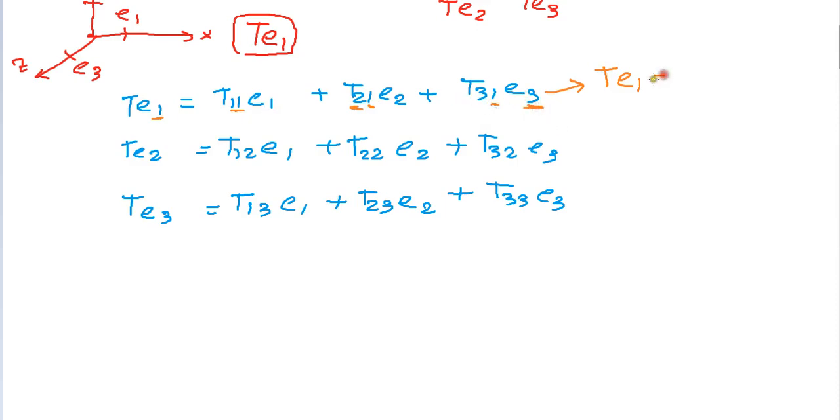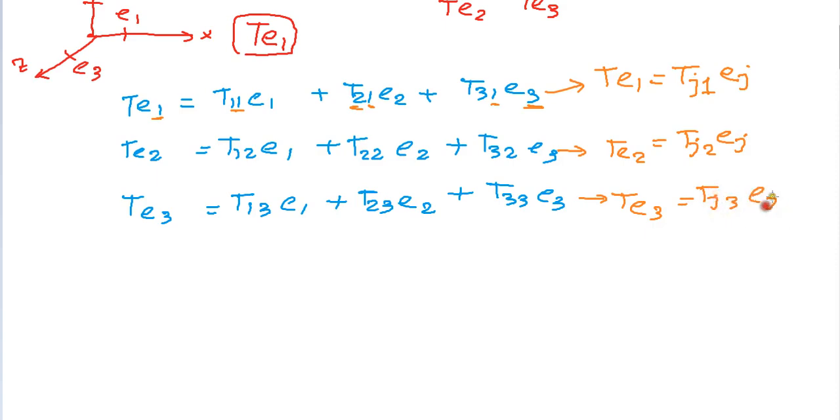So we can write T e1 equal to T j1 e j. In the same way we can write T e2 equal to T j2 e j, and T e3 equal to T j3 e j, right?